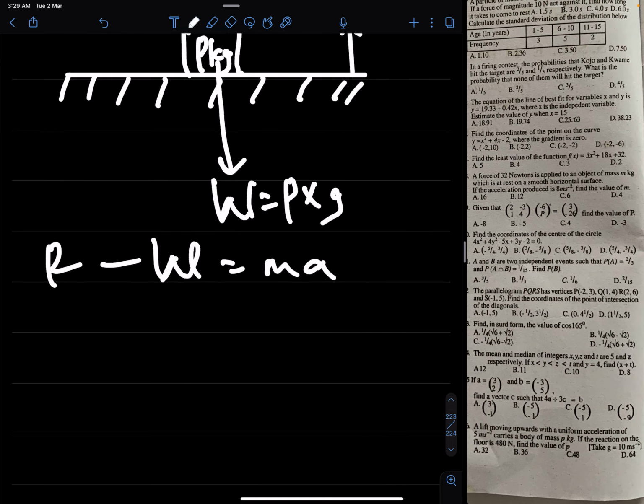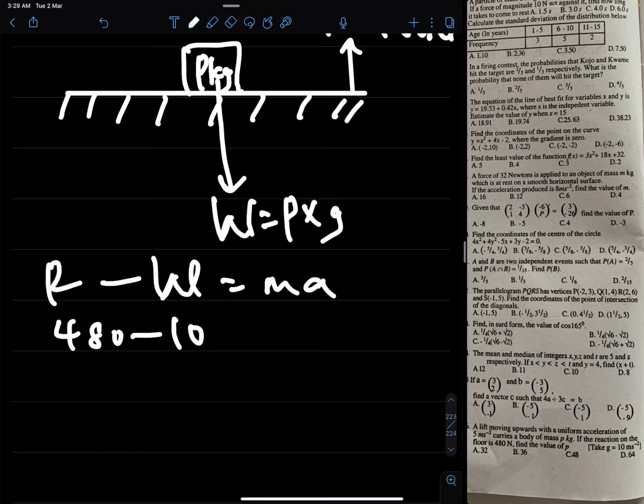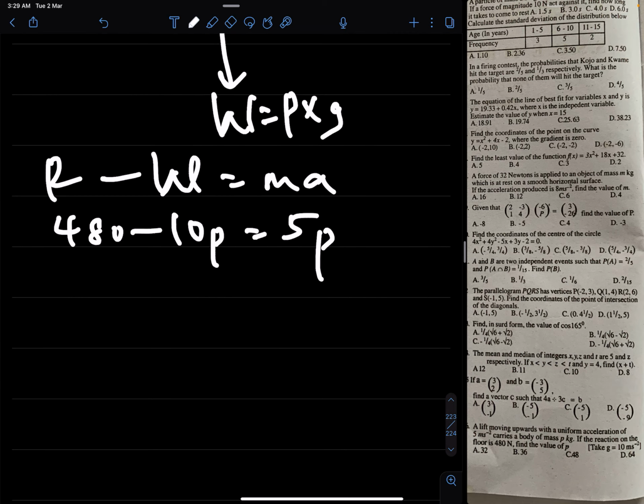So R minus W is what's going to give us the acceleration, which means 480 minus W, where g is 10 meters per second squared. So p times g is going to be 10p equals ma, where the mass is p and the acceleration is 5, so ma equals 5p.